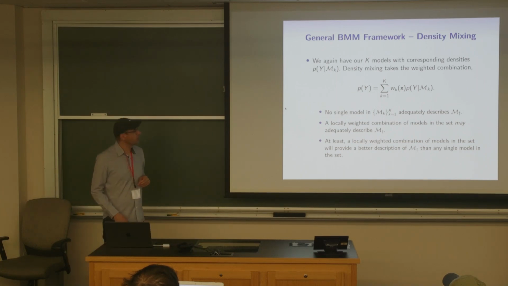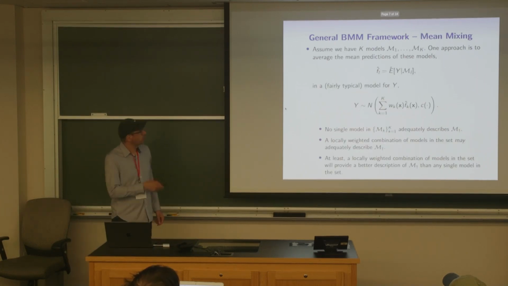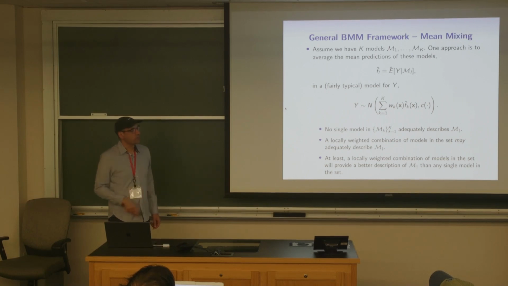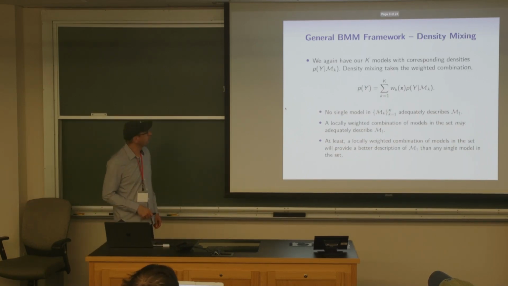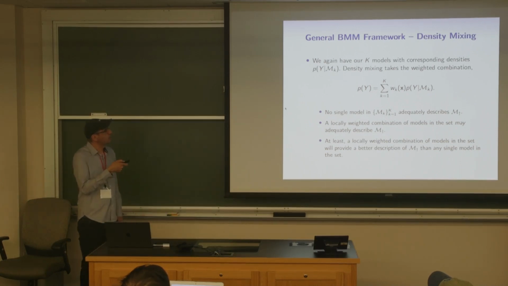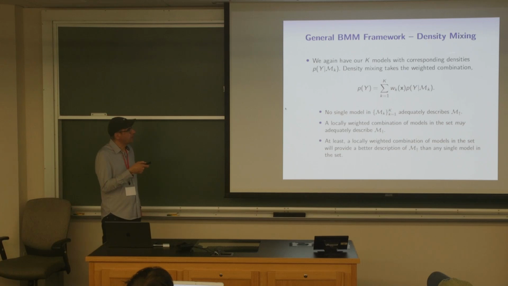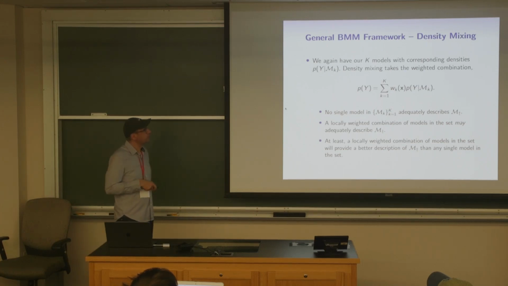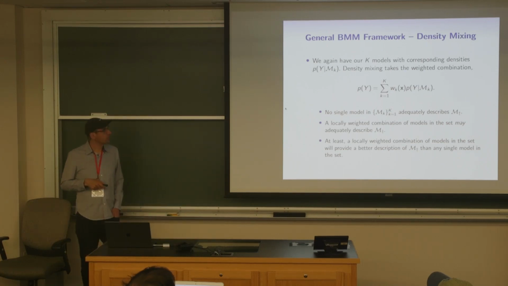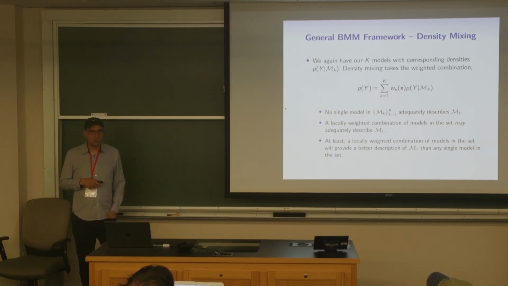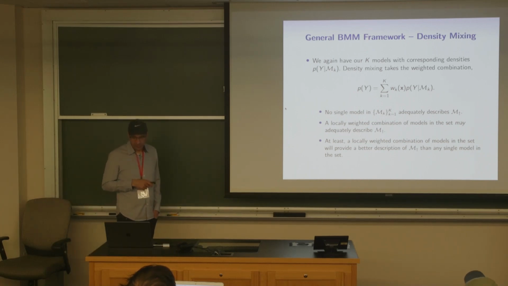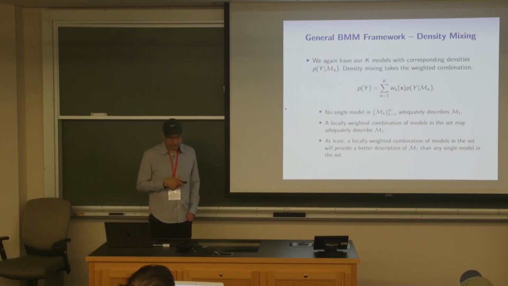Density mixing is a similar kind of idea, except that here we were doing the mixing in terms of the mean model of our data or our process, and now we're mixing at the level of densities. So again, we have our K models with corresponding densities, P of Y given script MK. And then we might take the weighted combination of these densities to get our mixed density model for the quantity of interest.